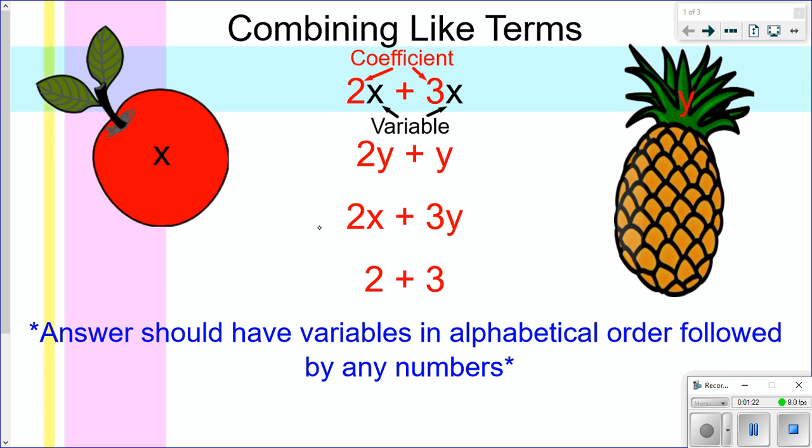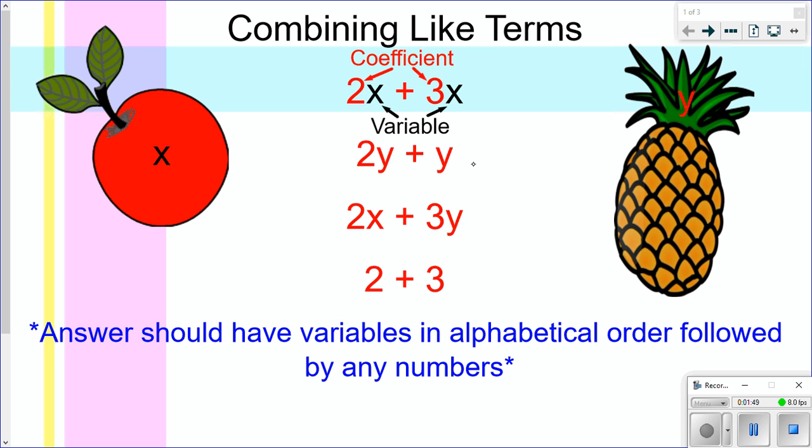So for instance, if you go to the store and you buy 2 apples, and then later on you realize you want some more and you go buy 3 more apples, how many apples do you have? You have 5. Likewise with pineapples. Let's say you bought 2 pineapples and then you decided you wanted 1 more. Now you have a total of 3 pineapples. But what you can't do is combine apples and pineapples together.